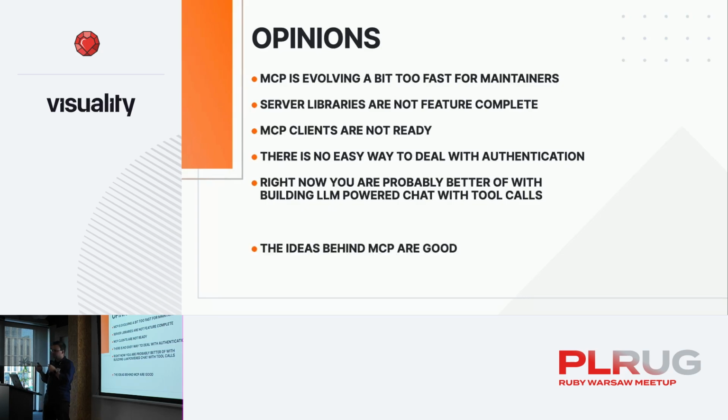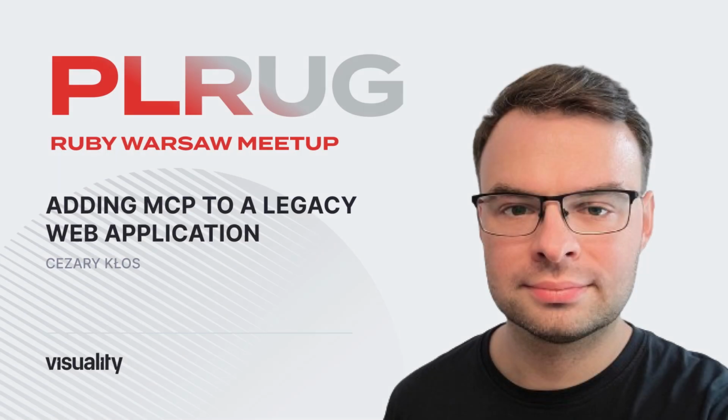It solves a potential problem that doesn't exist yet, this M times N problem, where many clients want to use your application, and you don't have to integrate with each one of them. You just provide one MCP endpoint. And if MCP wins and becomes a standard, I think we will be building a lot of these, but maybe not. Thank you very much.